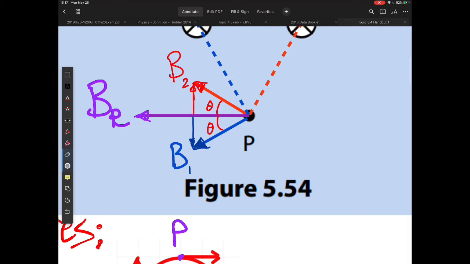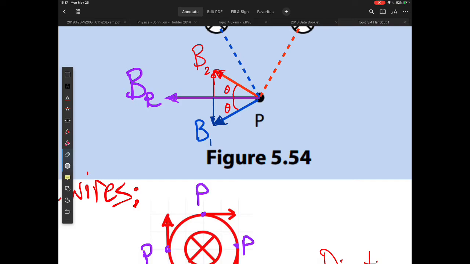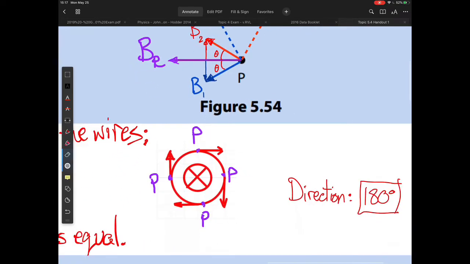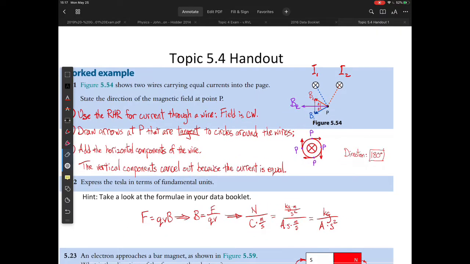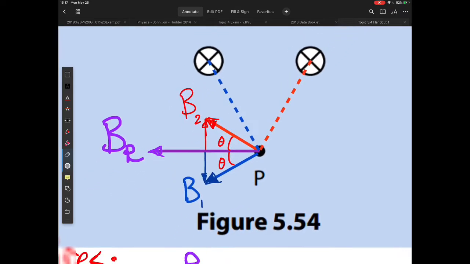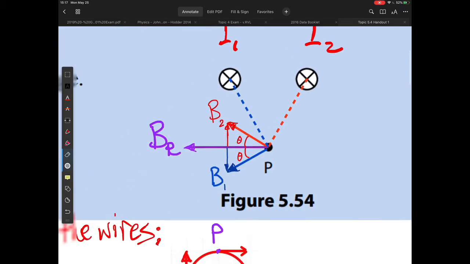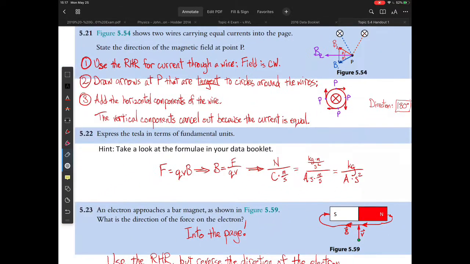If we only have a horizontal component left, then we really only have two choices for direction, either 0 degrees or 180 degrees, as measured off of the x-axis, and this one is obviously pointed at 180 degrees. Note that if our currents were not equal, then these fields would not cancel out, and our resultant field line would be pointed in a slightly different direction.